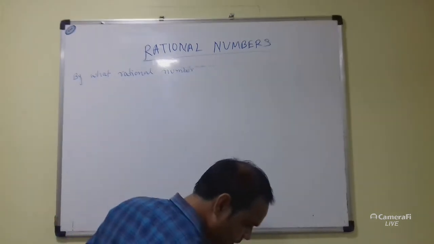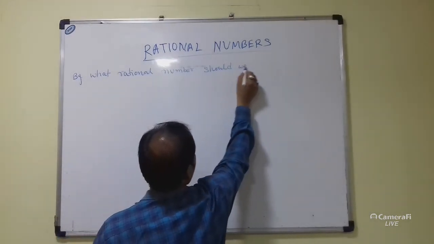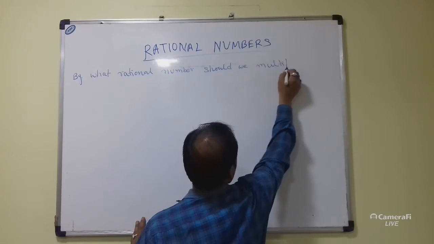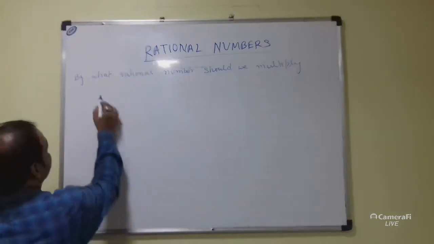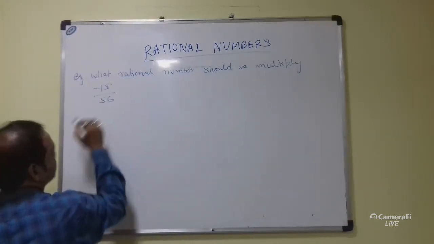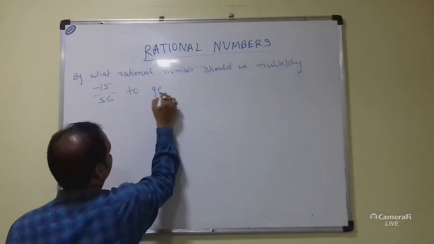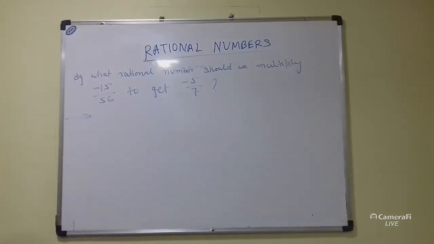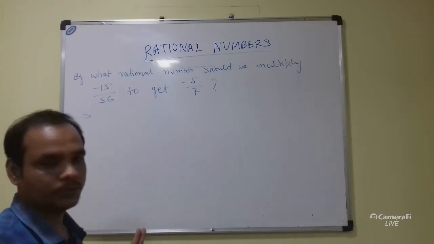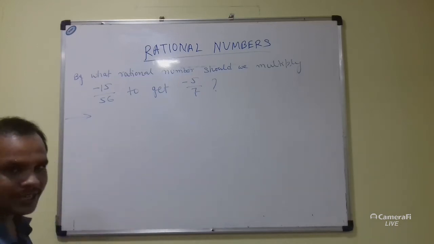By what rational number should we multiply minus 15 by 56 to get minus 5 by 7? So the question is, by what rational number should we multiply minus 15 by 56 to get minus 5 by 7? So here we can take x as the required rational number.